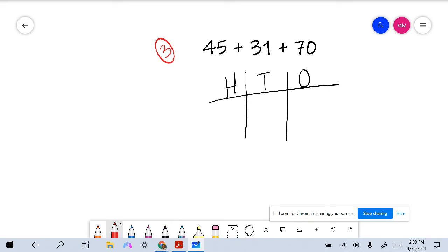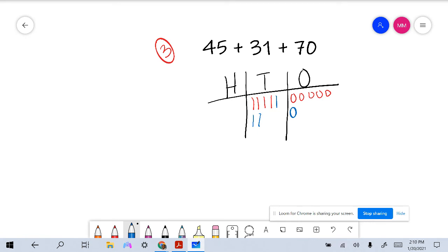I have 4 tens, 10, 20, 30, 40, and 5 ones. 1, 2, 3, 4, 5. Next up, I have 31. How many tens do I have and how many ones do I have? Good. 3 tens, 10, 20, 30, and 1 1.